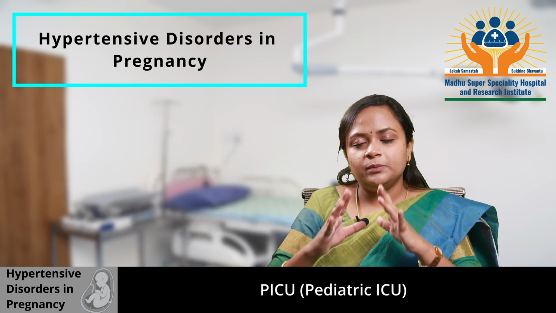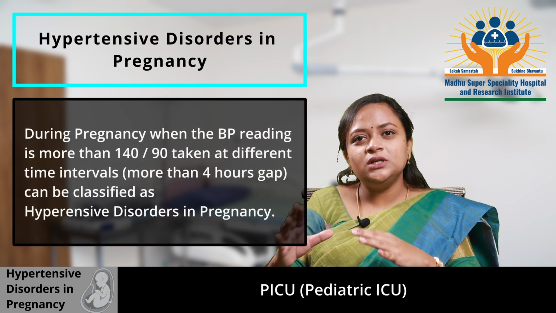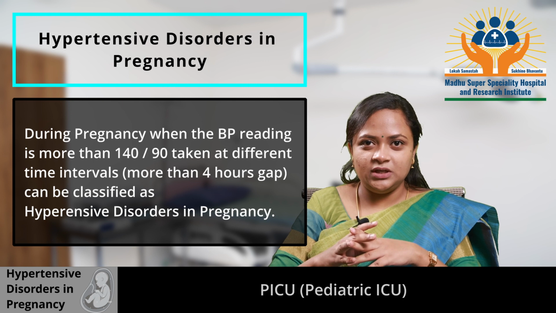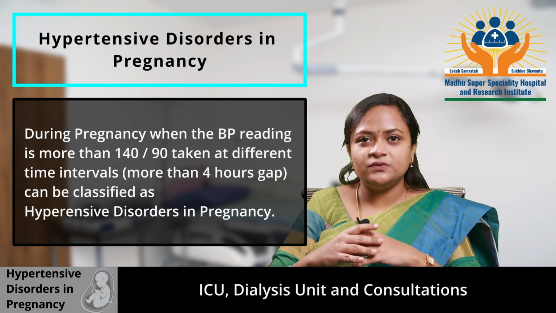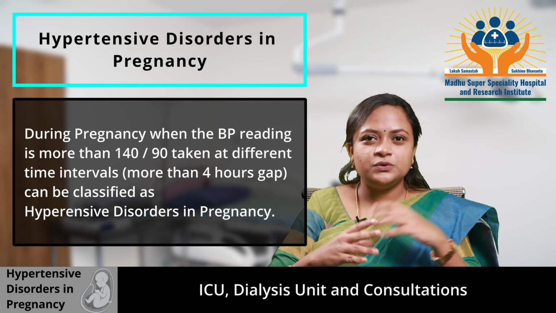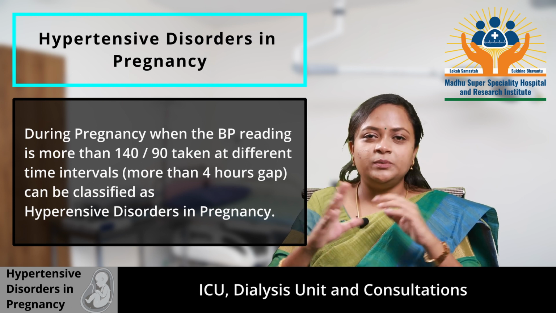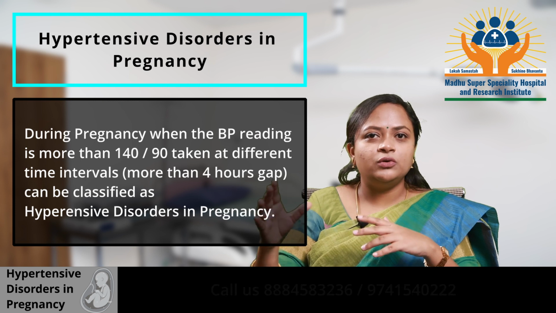When it comes to what hypertension actually is, it is when the BP reading is more than 140/90, and you will not take just one BP reading, because when the patient comes into your OPD, she may have anxiety, or she would have traveled, or a panic attack might be there. So you will consider 2 BP readings and leave a gap of 4 hours between both.